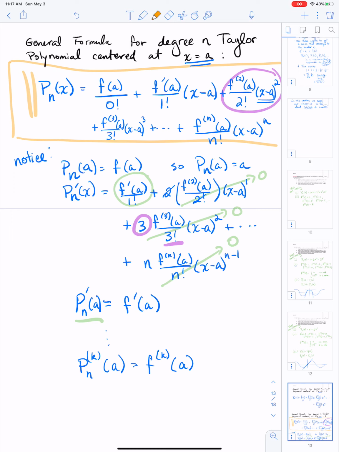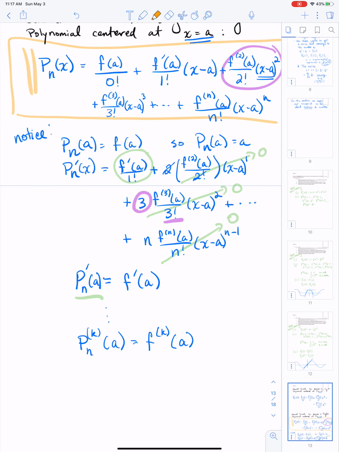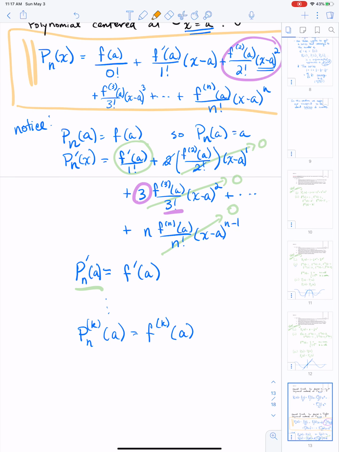There would be an x to the n term, an x to the n minus 1 term, and so on. Maybe some coefficients are 0, but you would have a polynomial of the correct degree when you multiply everything out. So there's the general formula. Let's go ahead and use it for an example.